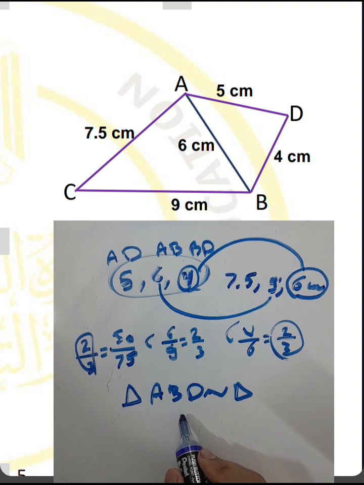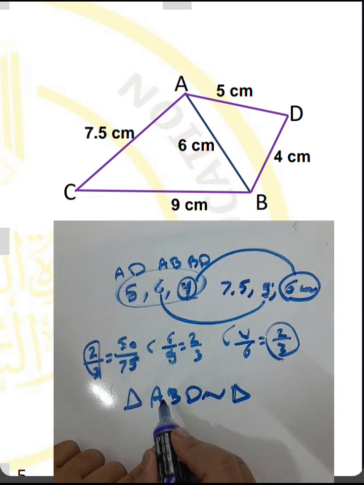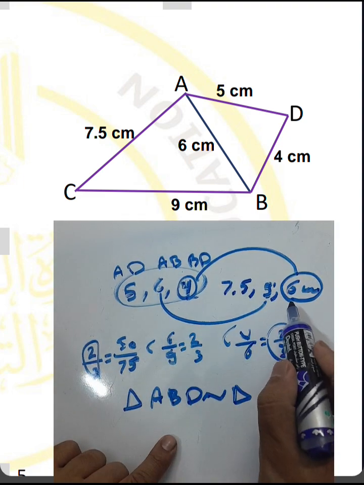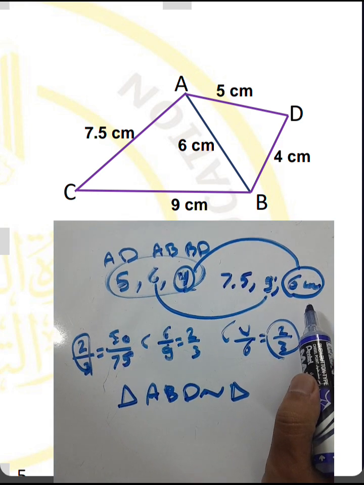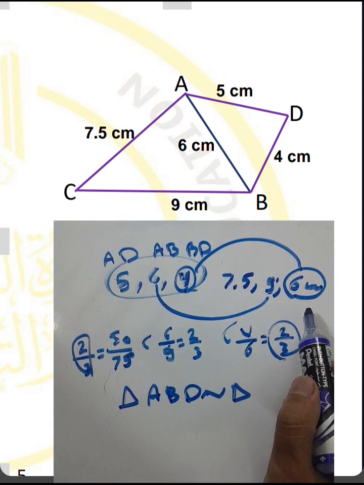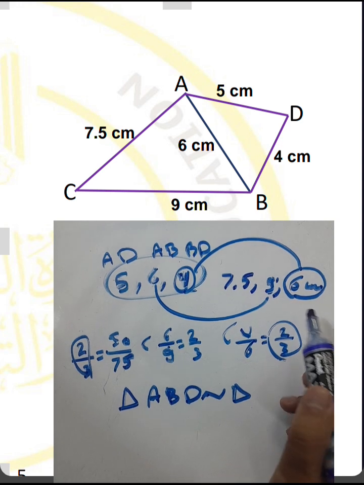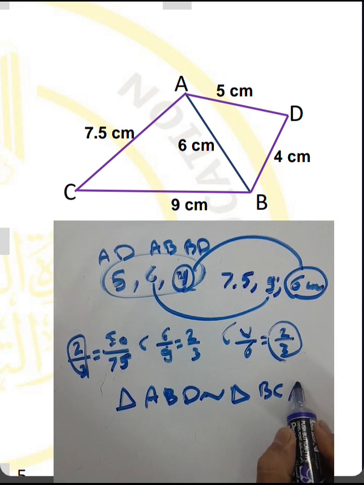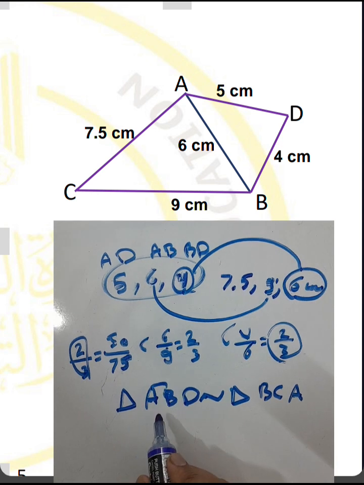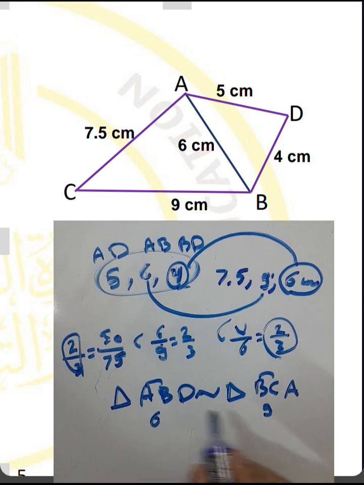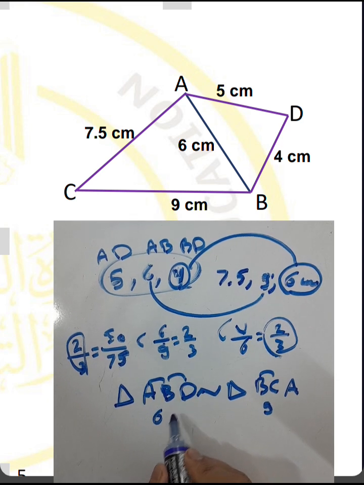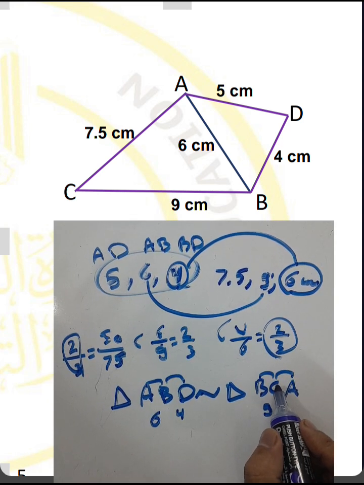AB is 6, which corresponds to 9. Then you can write ADB and BCA.